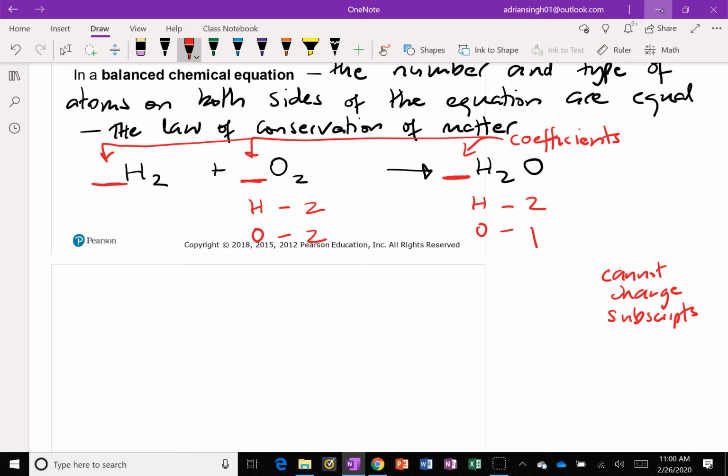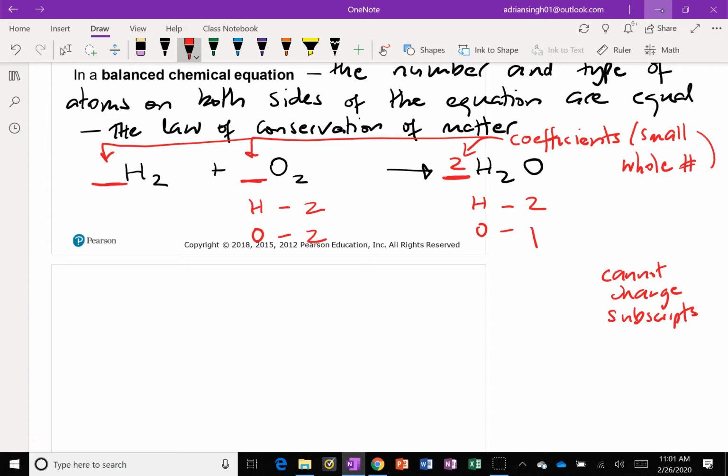Right, so I can change my coefficient now to 2. Coefficient is just a big fancy word that means a small whole number, or a small integer that we're using. So if I put a 2 in front of that H2O, I change now everything that comes after that 2.